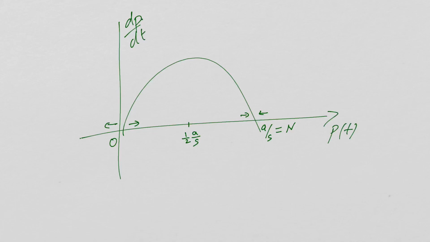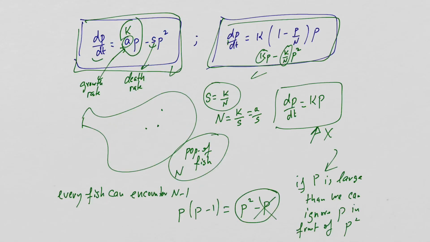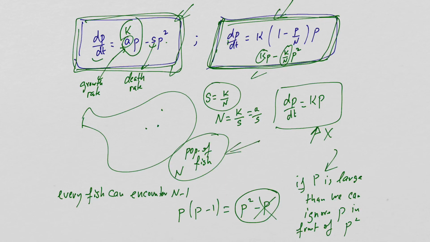To make the point that these are exactly the same, we found a way to create this one, and I showed you how you can pull this one using this example of fish, and they're basically the same. So this is called the logistic model, and I am going to end the video right now.